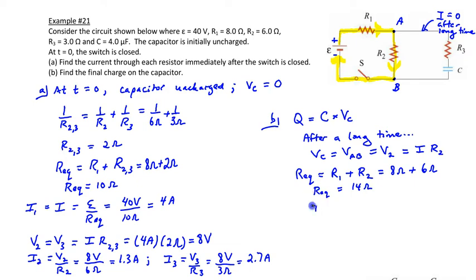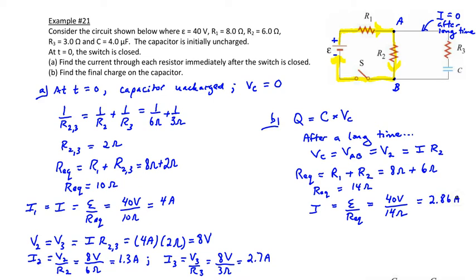And now we can find the total current by taking the total EMF divided by the new equivalent resistance. The EMF is still the same battery, so that's a battery voltage of 40 volts, but now divided by 14 ohms. This gives you a current now of 2.86 amps.